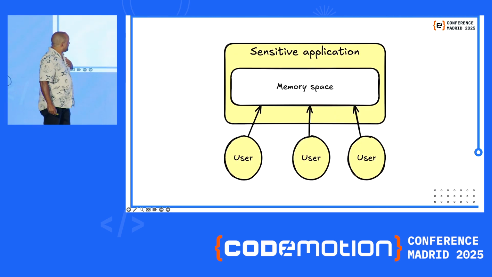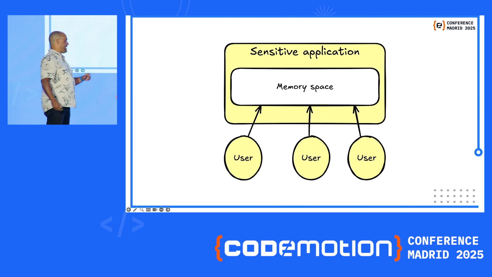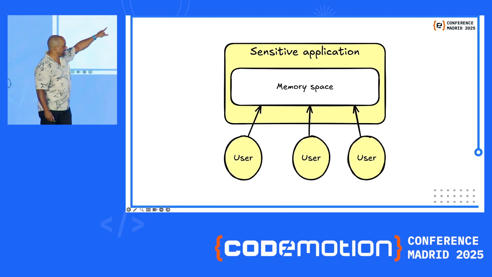Another problem we have, if we have an application with sensitive data, imagine it is, I don't know, medical stuff, bank stuff, whatever. We have different users doing their thing, but they all talk to the same memory space, right? Making sure that this user doesn't see data from that user is up to the application developer to not mess up.